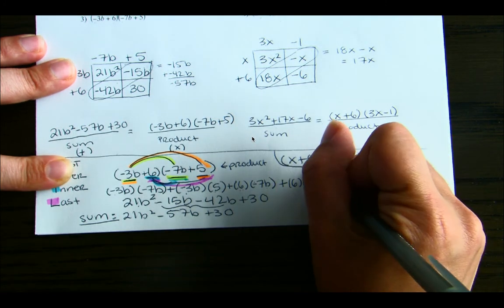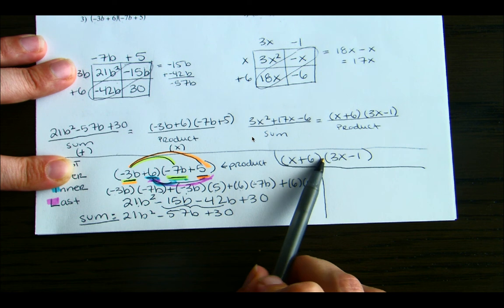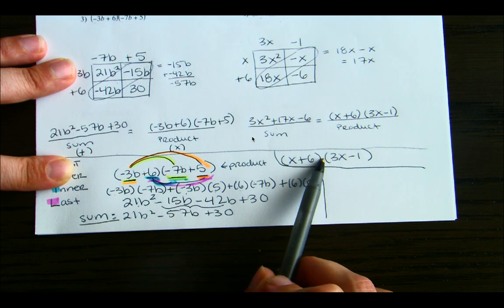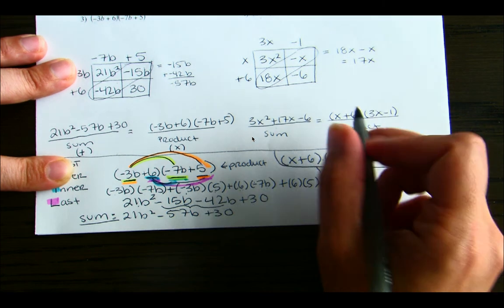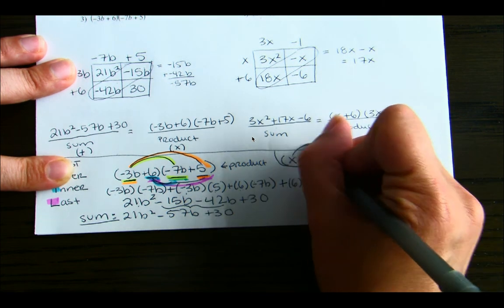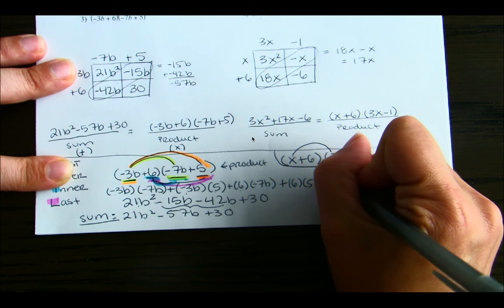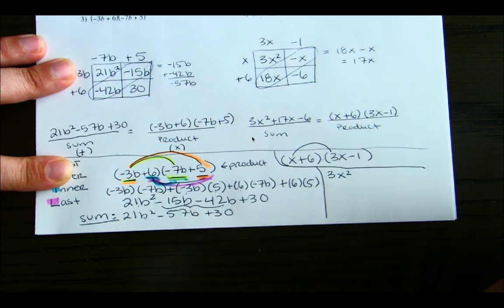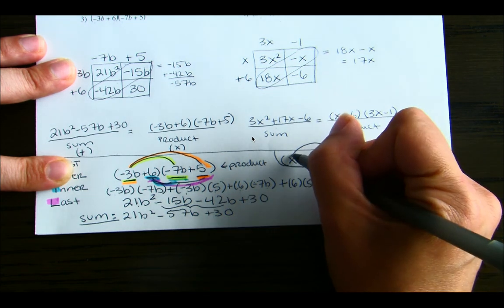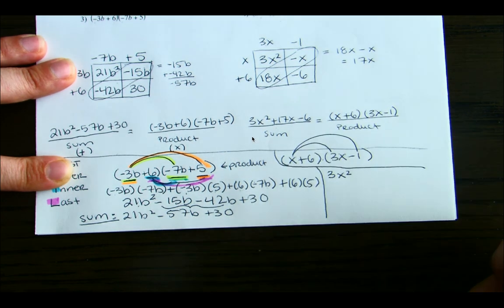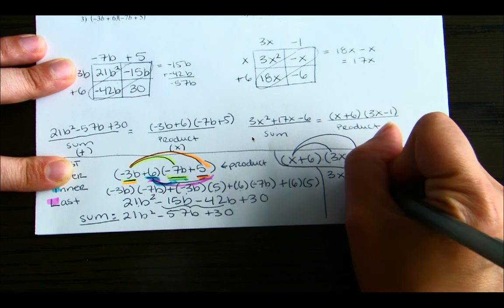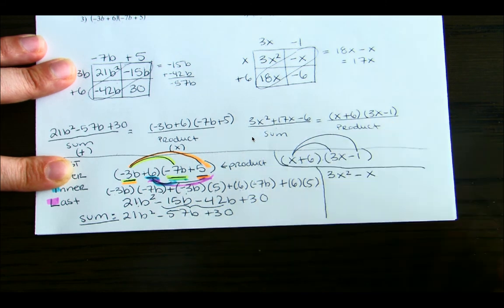So if you want to see this again, my second example is going to be here. It's not going to be as detailed. So if I'm doing first, I have x times 3x, which is 3x squared. I have outer, x times -1, which is -x.